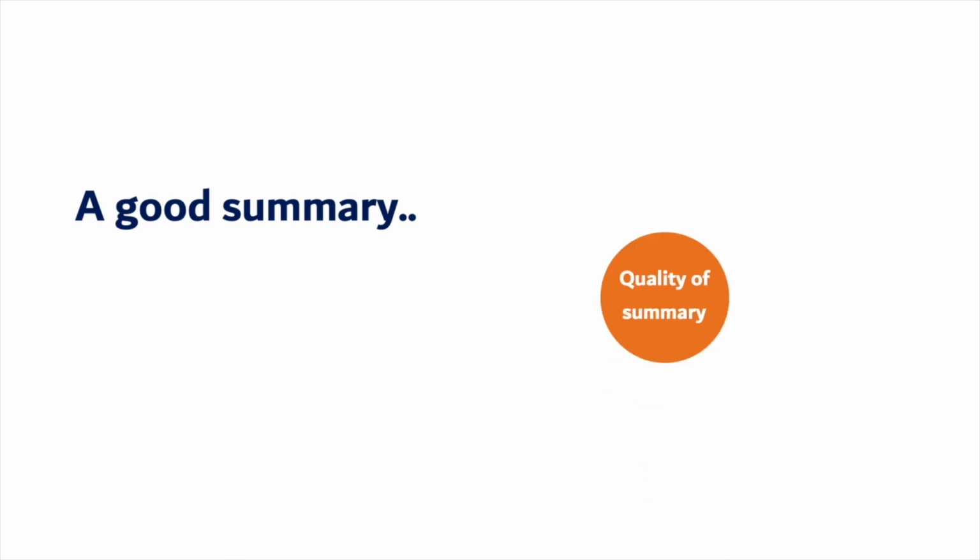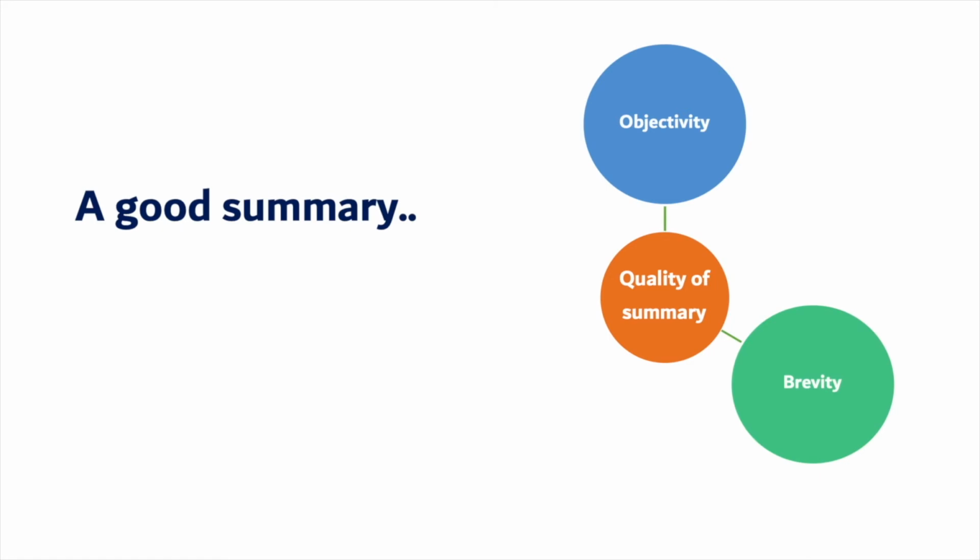So before we talk about the technique, I will talk about a good summary. What makes a summary a good summary? So actually we have to consider the quality of summary. There are 3 things that are very important. The first one is objectivity.